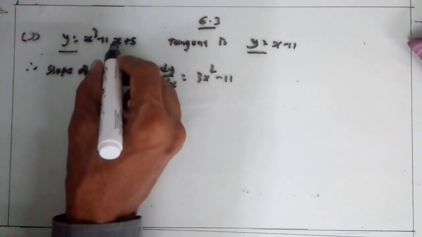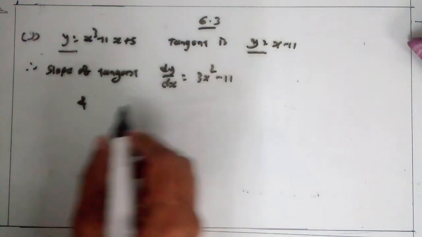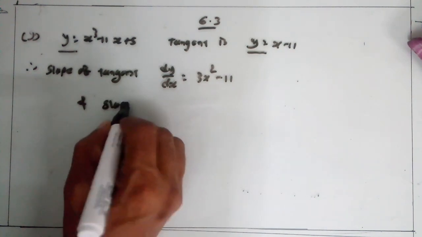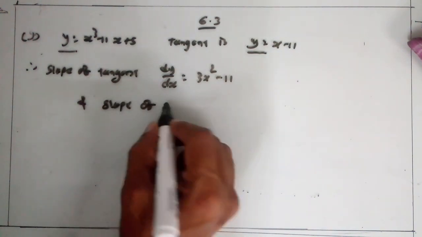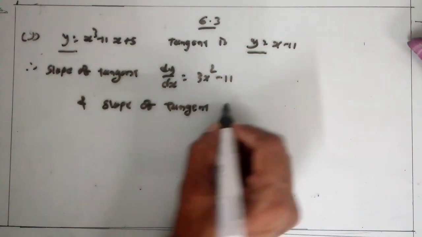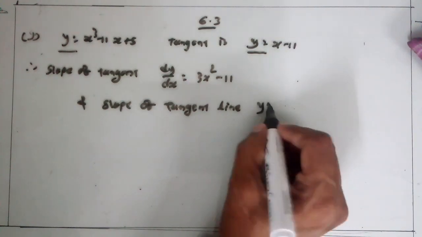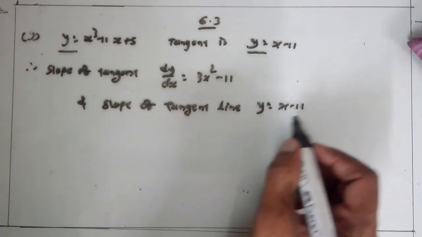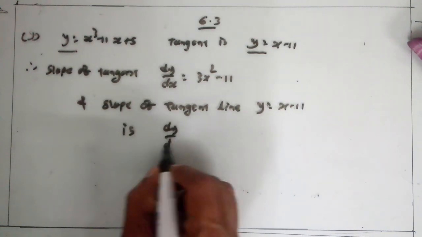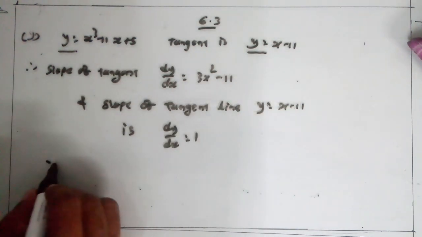Derivative of 5x is 5... derivative of x is 1 and derivative of the constant is 0. And the slope of this tangent line y is equal to x minus 11 is dy/dx equal to 1. Compare both.